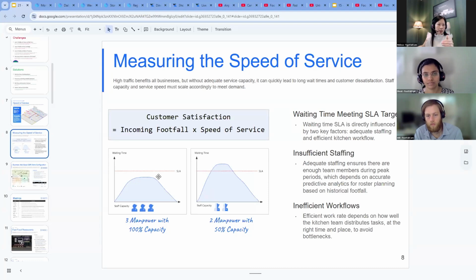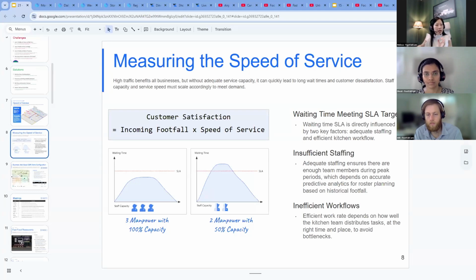So your SLA. You have a capacity in terms of the number of available seats. You also have a capacity in terms of how long people are willing to wait to queue, to order, and to receive their food. With the help of predictive analysis, we know how many people are expected to come in the next hour and the next half hour, and so you can plan your staff accordingly.